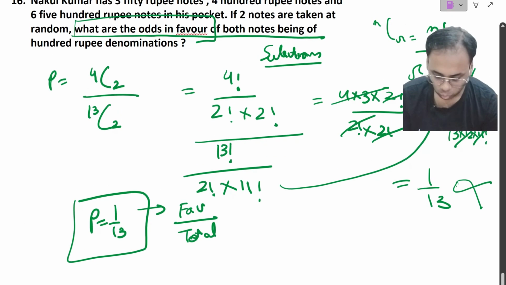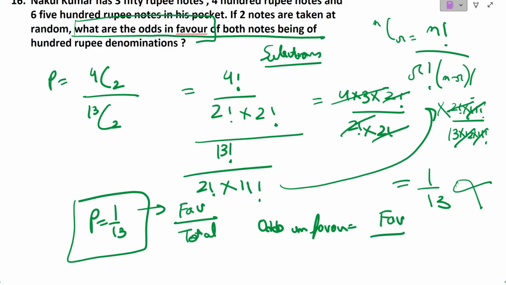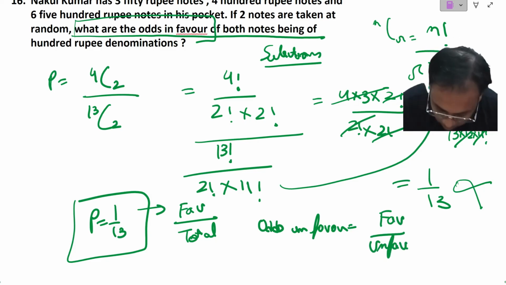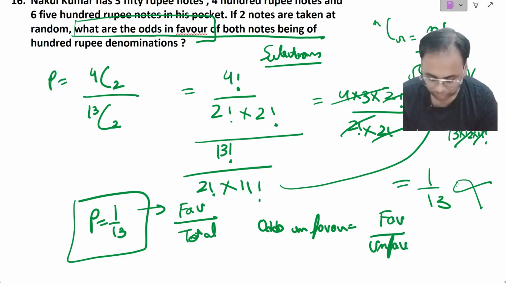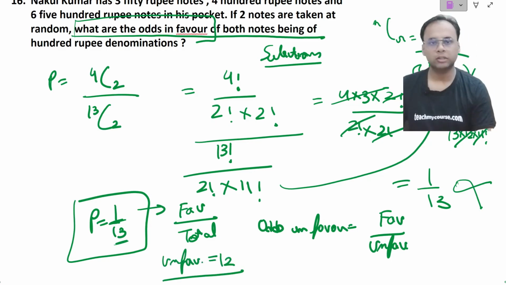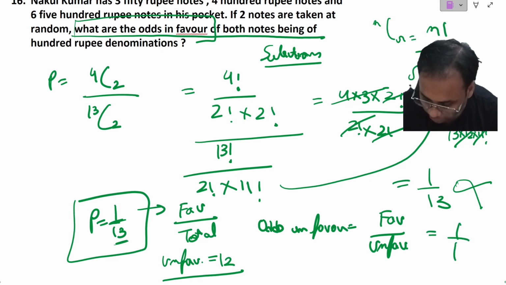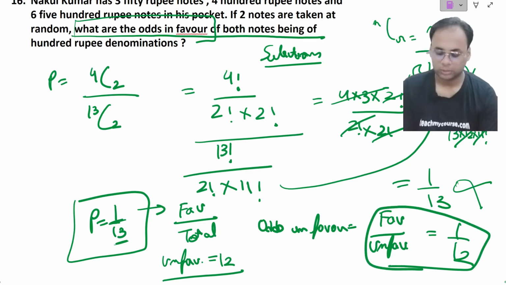But odds in favor means favorable upon unfavorable. From the probability itself, we have the favorable events as 1 and total events as 13. It means the unfavorable is 12, which is total minus favorable. So odds in favor becomes 1 by 12. So 1 by 12 is the answer.